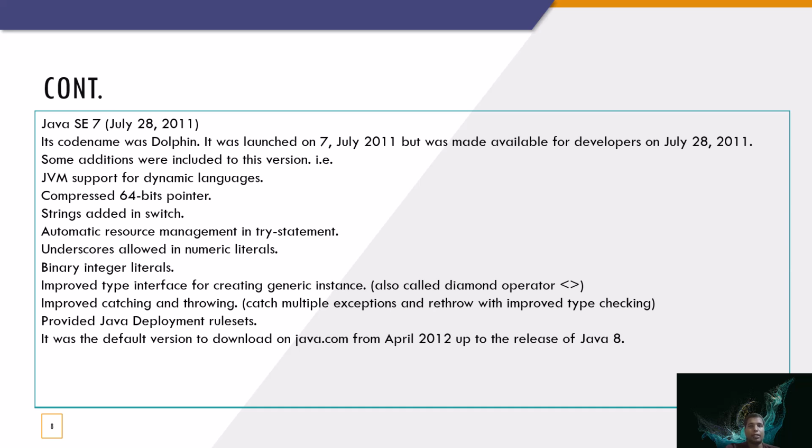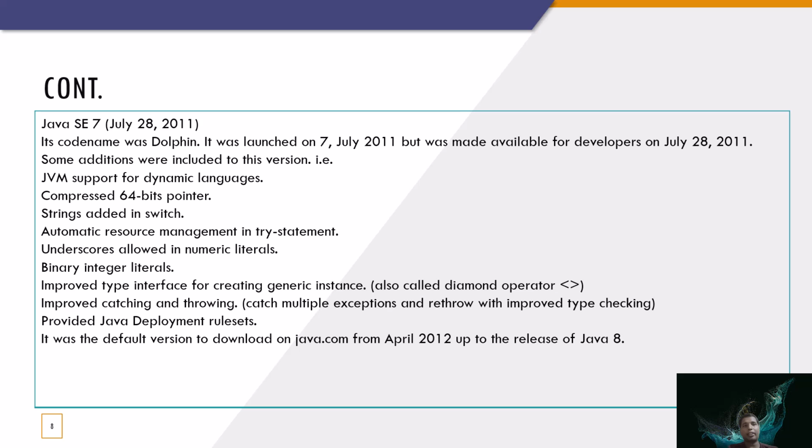We have 16 digits, so we can write it as 1234 underscore 5678 underscore like that, which is a valid statement in Java. Also binary integer literals, improved type inference for creating generic instances, and Java deployment rule sets. It was released in 2011.